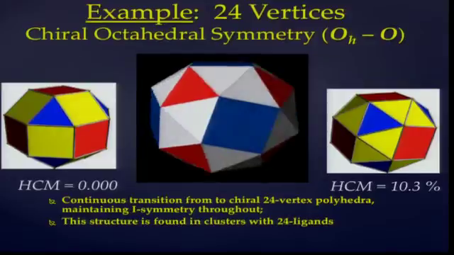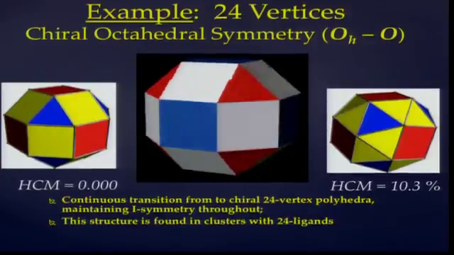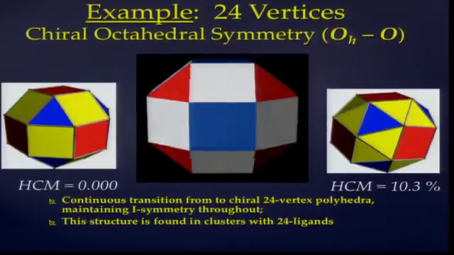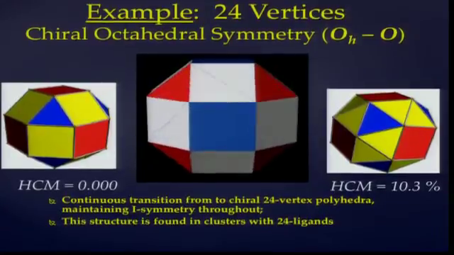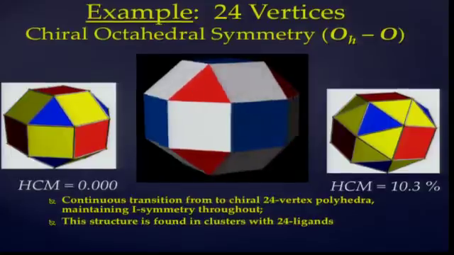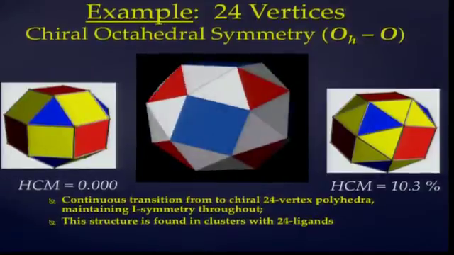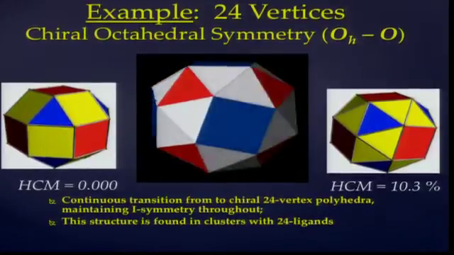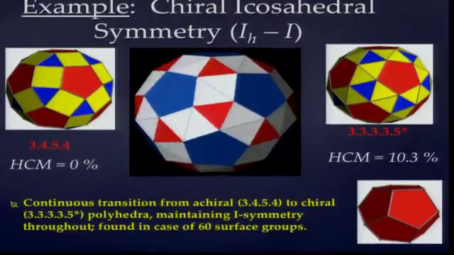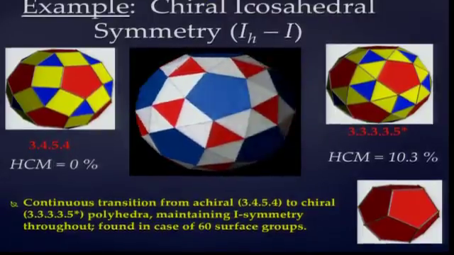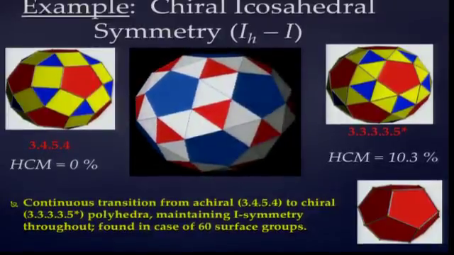So if you watch this enough, it'll start to seem natural that some of the square faces become rhombuses, and do this. Okay? And by the way, these are both semi-regular solids. They're purely geometrical objects. It doesn't have to be chemistry or physics or biology here. Here's the chiral icosahedral transformation. 60 vertices.